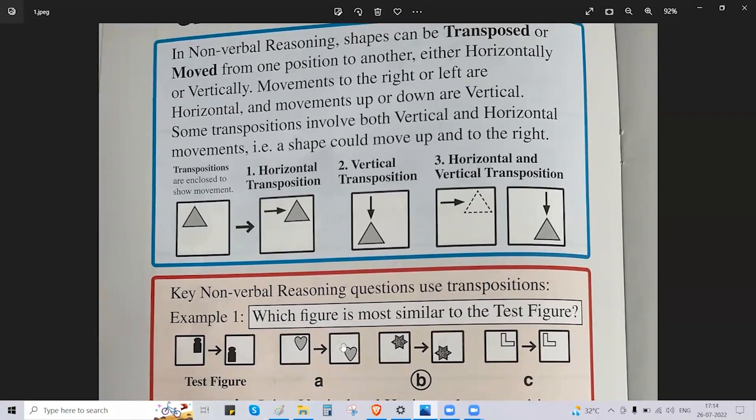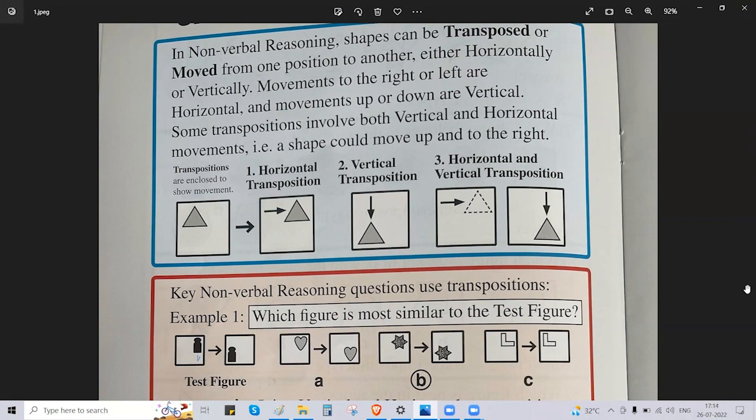The first example says, which figure is most similar to the test figure. So the figure that's most similar to the test figure would be, so we see that the shape, the can, is going down, and then it's going to the right.